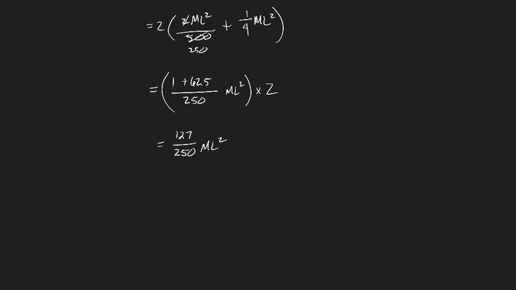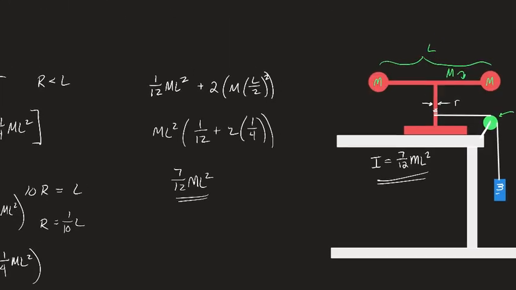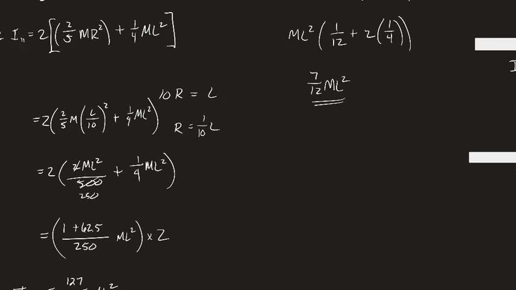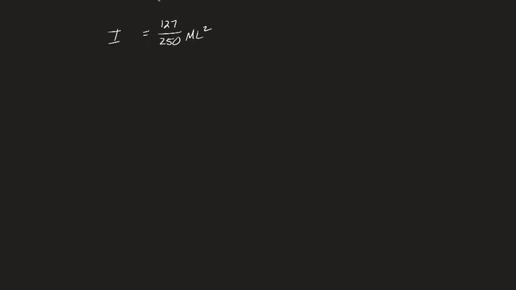Right? I'm just doing the algebra in my head on the fly, so help me out. This is now the moment of inertia of both spheres. Now, before we did all that, I'll remind you, we treated them as point masses. Do you remember what their contribution was? It's right over here. It was 6/12, or 1/2, right? 127 over 250.